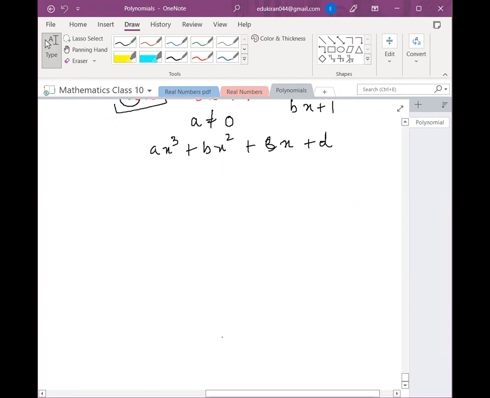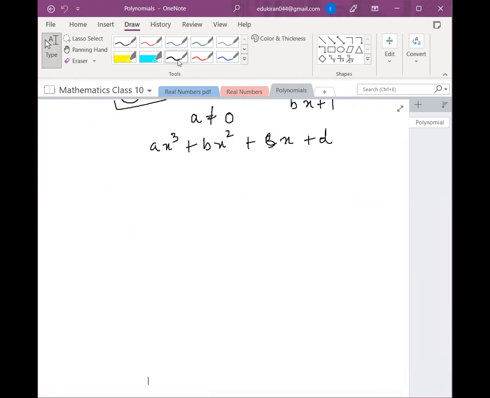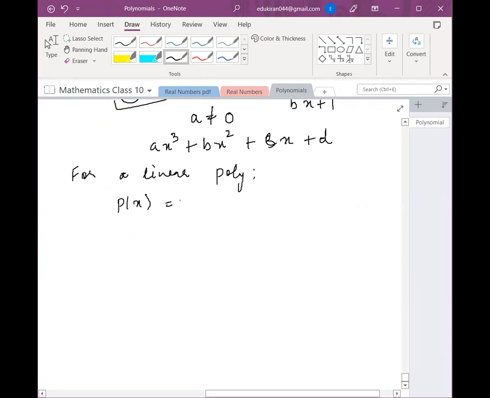Now, we will come back to all of this when we do the exercise. This is just a quick introduction I'm giving you. Along with the questions, I'll explain again. Now for a linear polynomial, this is of the form ax plus b, right?